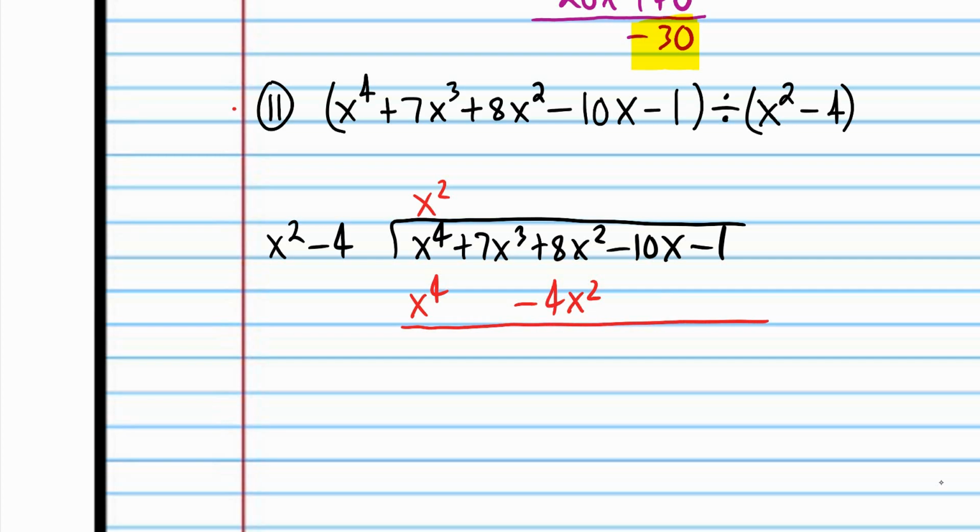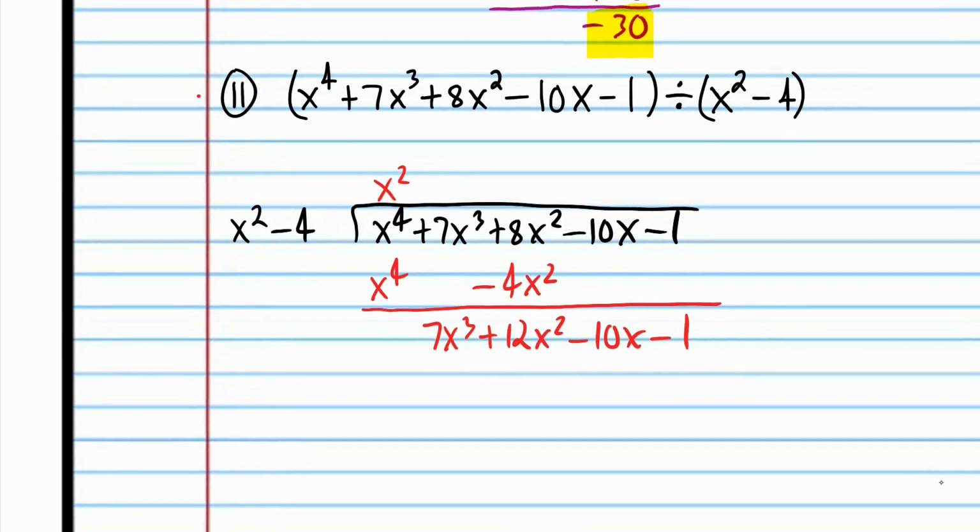There's a lot of different ways to do it. So now we subtract, we get 0 there, and 7x cubed minus nothing is 7x cubed. 8x squared minus negative 4x squared, be careful, that's a double negative, so that's going to be 12x squared. And then we're subtracting nothing from those terms, so that's what we get.